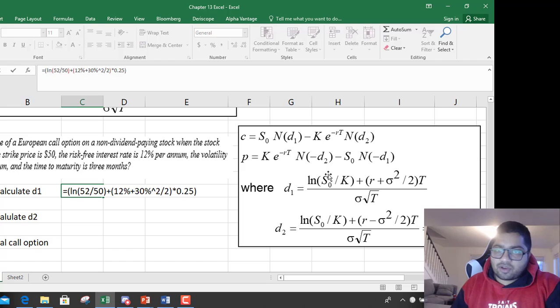So this was the top bracket. Natural log of stock price 52 divided by 50 plus 12% plus 30% squared divided by 2 times 0.25.